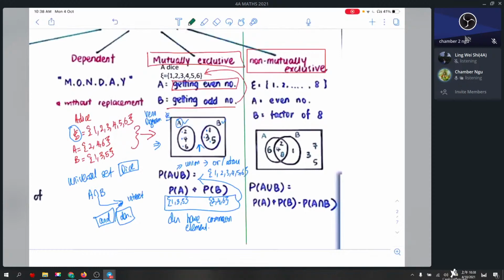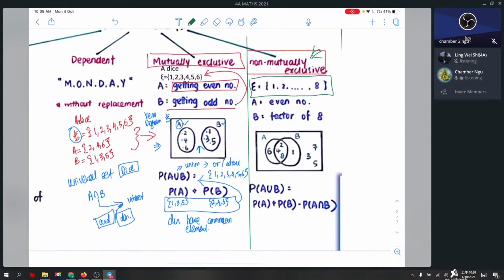Okay. If non-mutually exclusive, let's say we have the universal set, which has the elements, the numbers 1 until 8. And set A is even numbers. What are the elements in set A? So we have to list down all the numbers here.